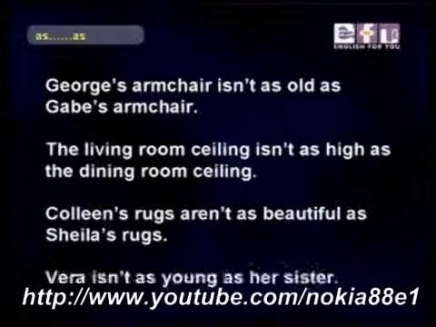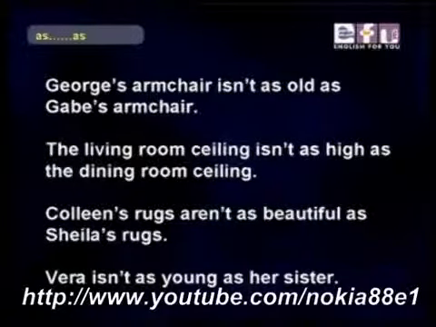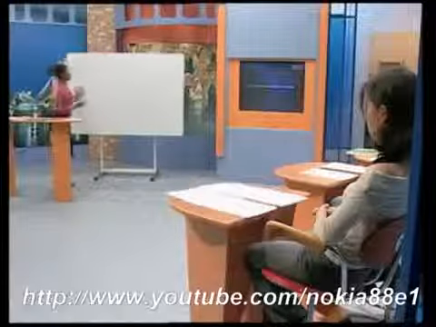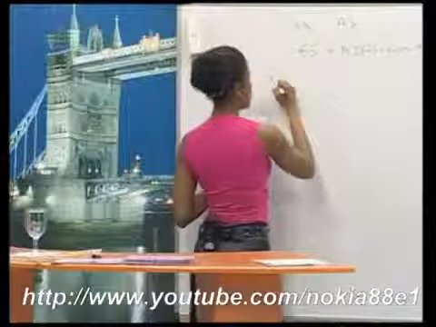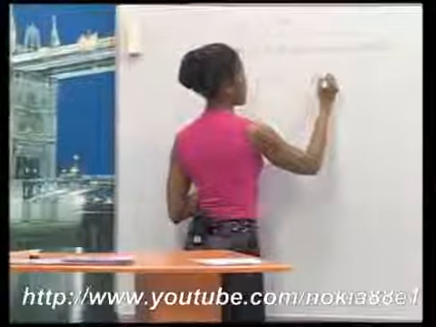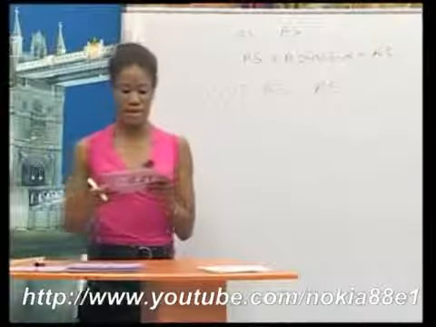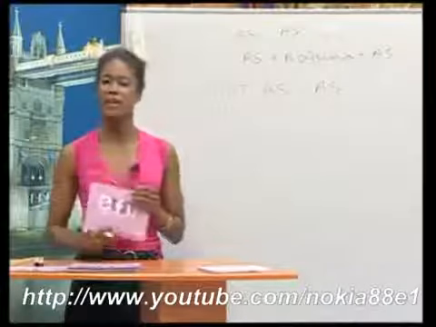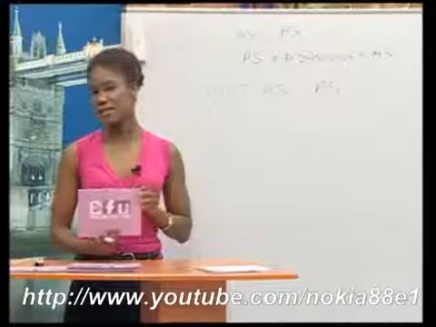Next example. Vera isn't as young as her sister. So the negative form of as is not as. Okay, it is used to say that two parts of a comparison are not equal.